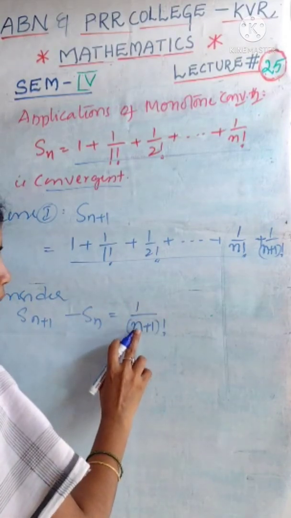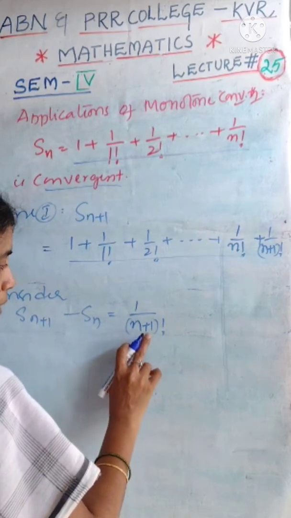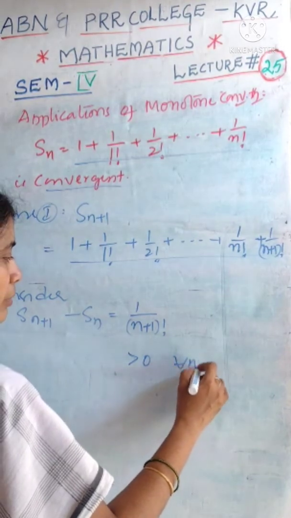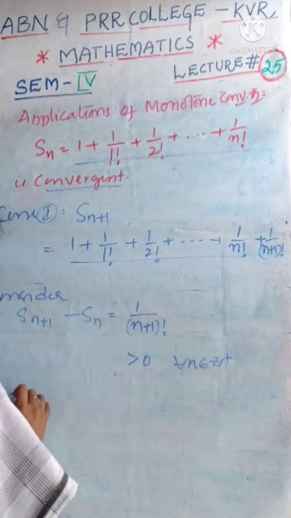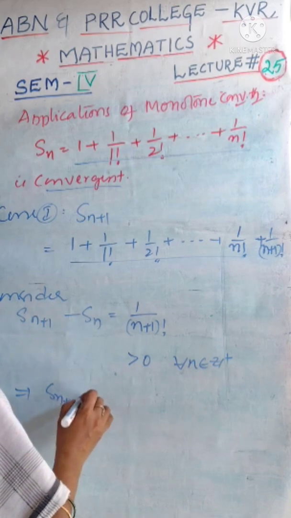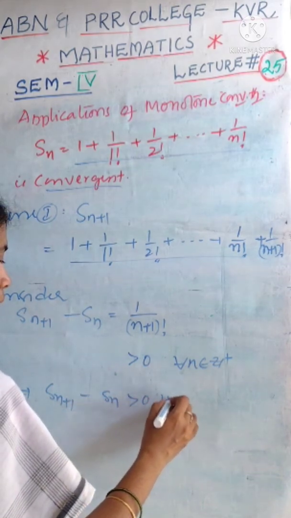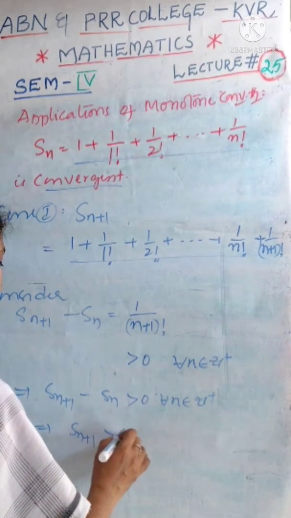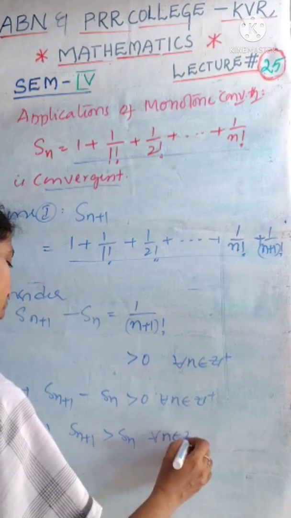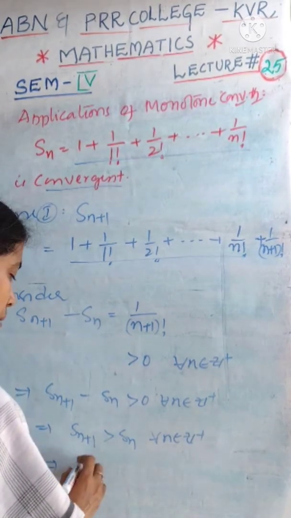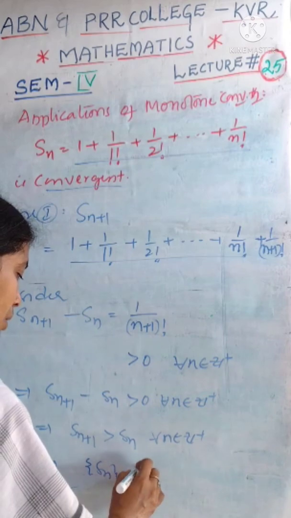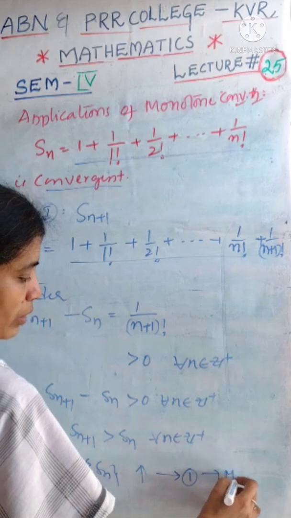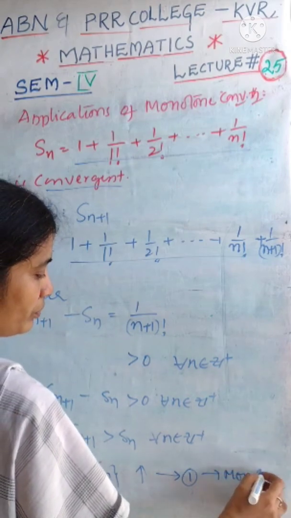Whenever n is positive, n plus 1 is positive, factorial of n plus 1 is positive. 1 by positive quantity is positive for every n, not only single n, which means that Sn plus 1 minus Sn is positive, which implies Sn plus 1 is more than Sn. That is nothing but the definition of increasing sequence. Our sequence is increasing. Whenever it is increasing, it is a monotone sequence, isn't it?